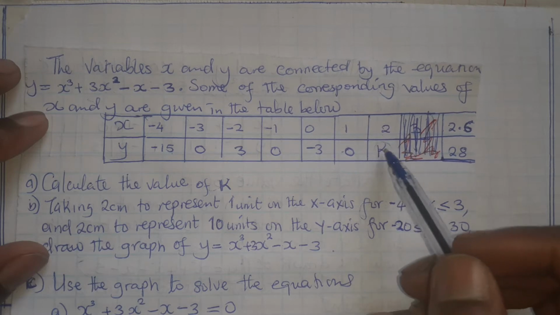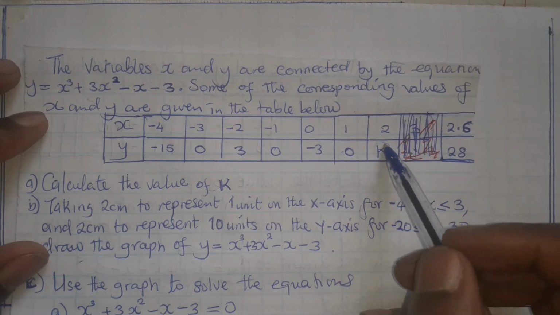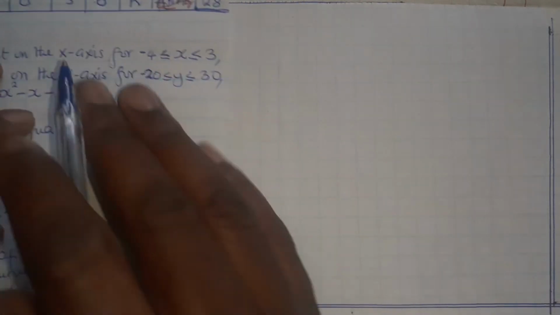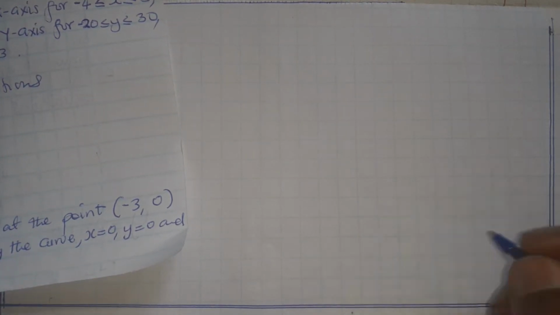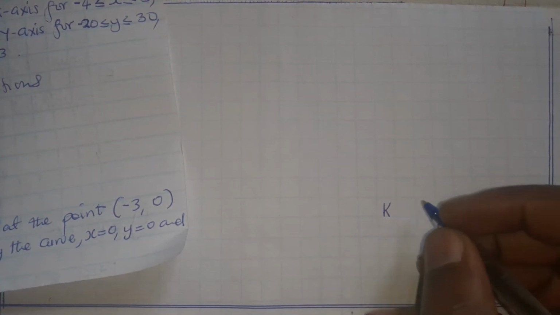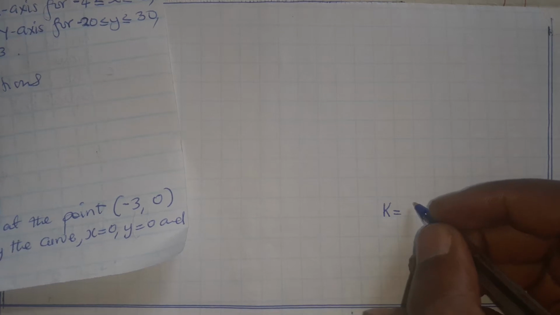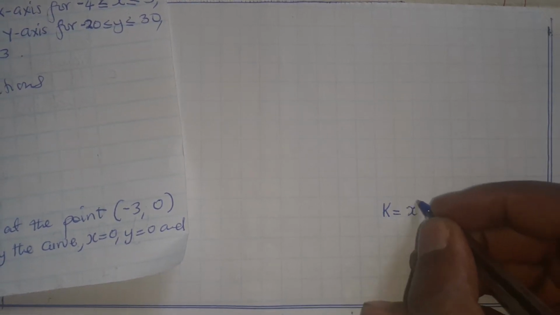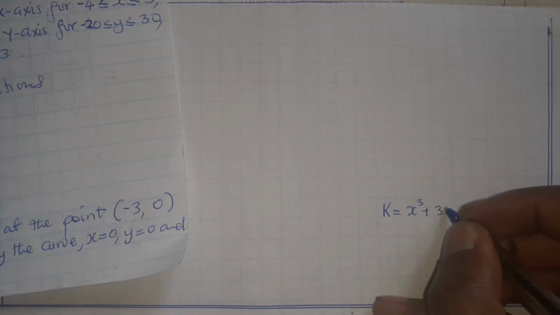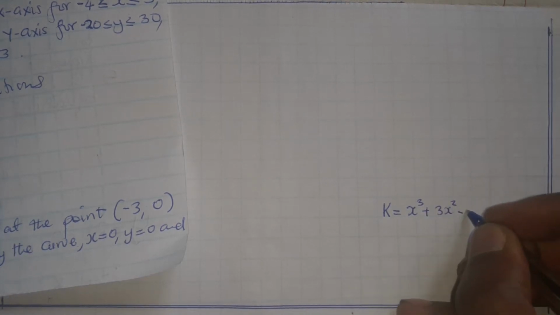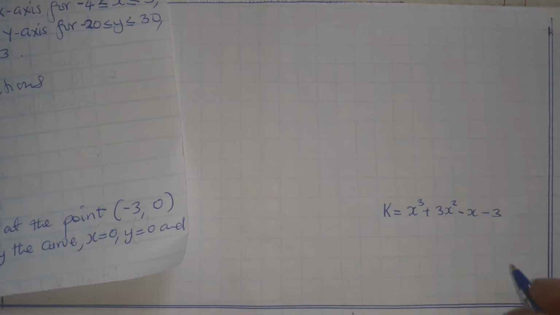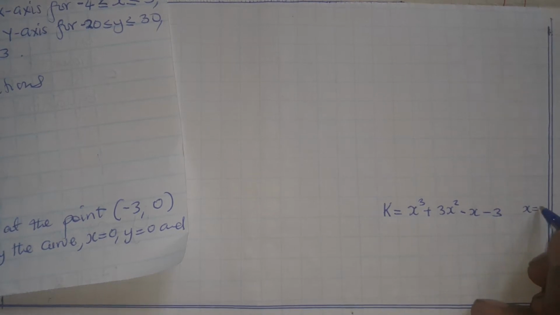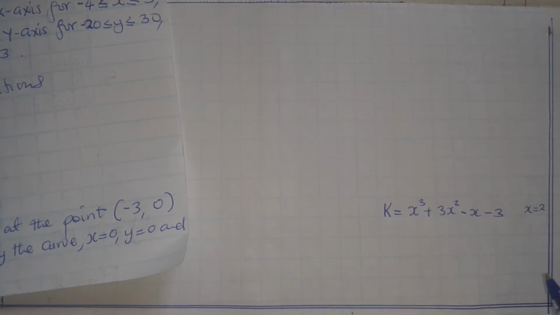So we are going to say, since k is the y coordinate, so I'm going to say k is equals to what? I'll write this whole equation here, plus 3x squared minus x minus 3. Okay, so we are told that x coordinate is equals to 2.